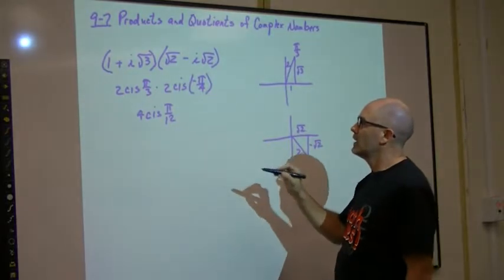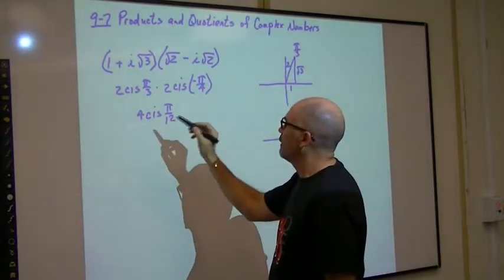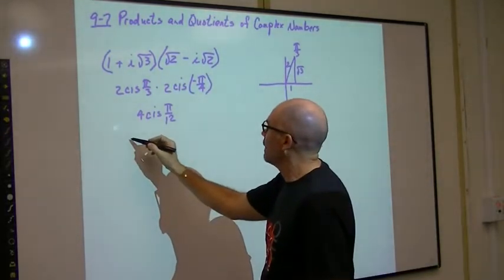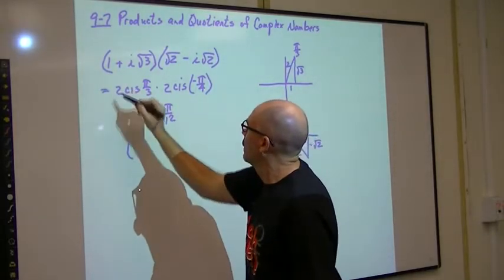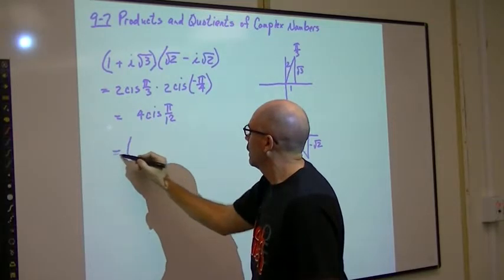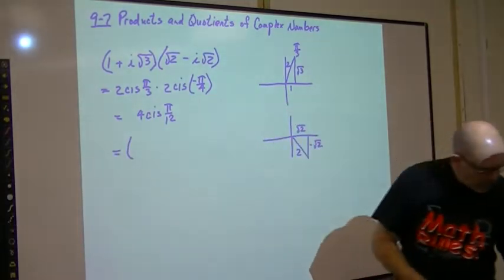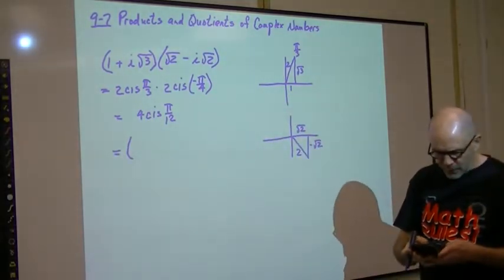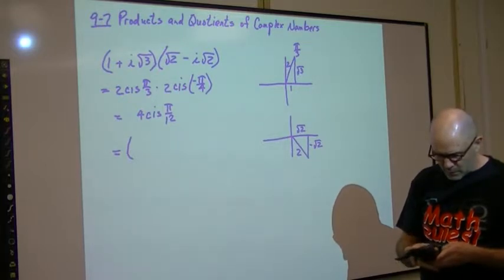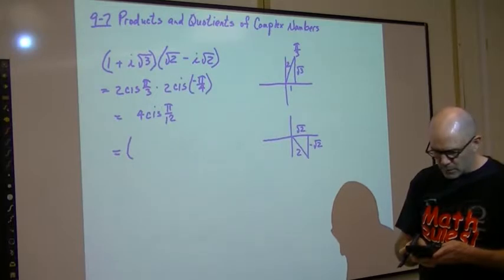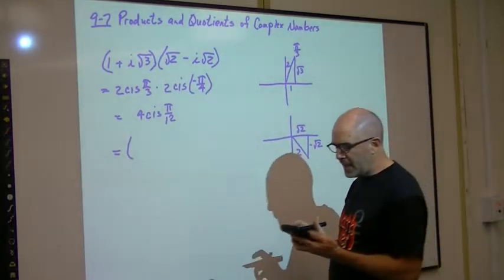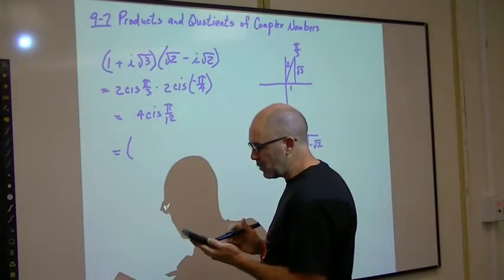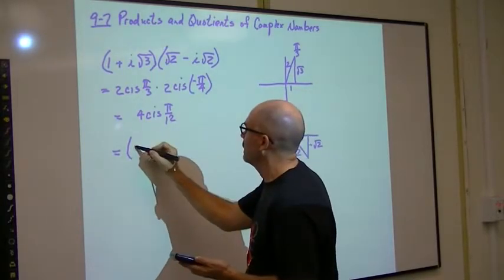Now, if I want this back in rectangular form, which often I do, then all I have to do is say this is 4 cosine pi over 12. So 4 cosine pi over 12 is 0.9659, so we'll make that 0.97.